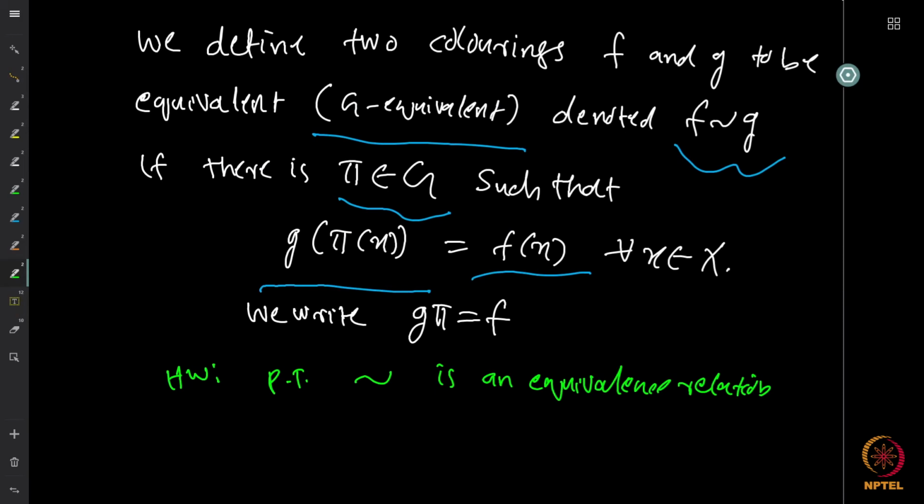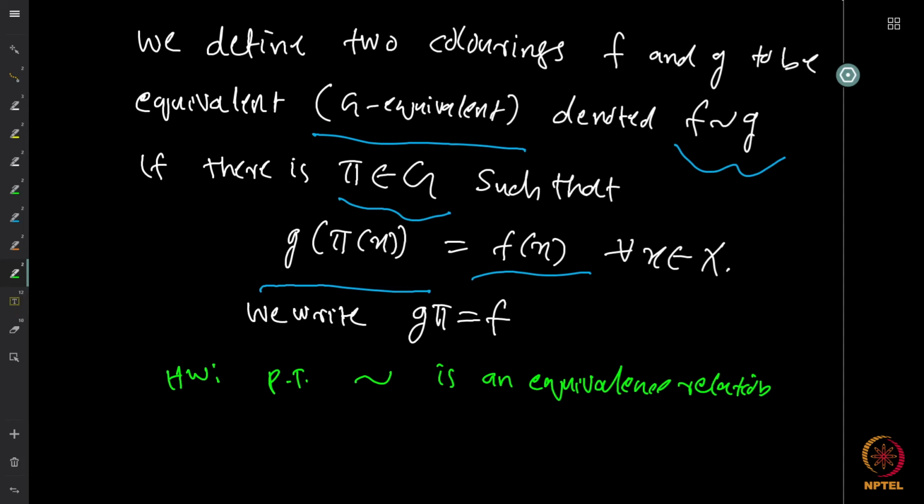So we define two colorings f and g to be equivalent, and we denote it by f tilde g, right? So f tilde g says that f and g are equivalent if we can find some permutation in G, because G is the symmetric group.